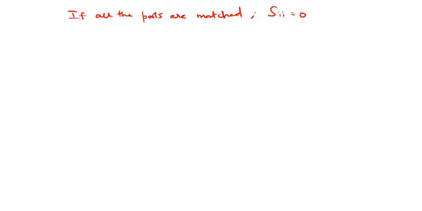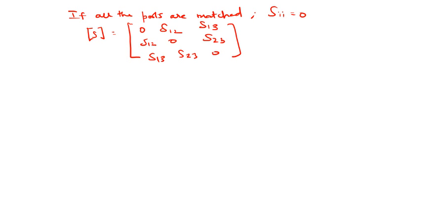It means the matrix reduces to 0, S12, S13, then S12, 0, S23, then S13, S23, 0.